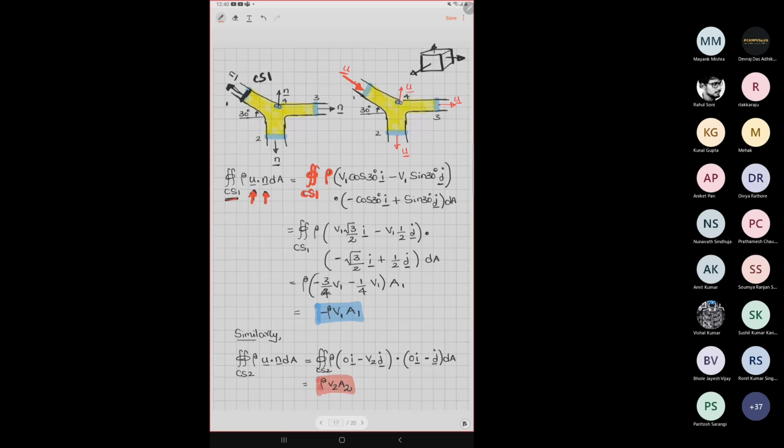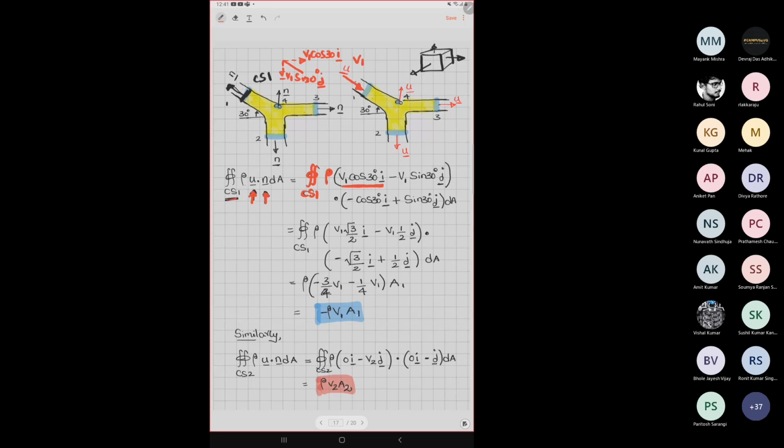Rho is rho, liquid water. U is entering with a velocity V1 cos 30 in the I direction. So resolve the U components: V1 cos 30 I and V1 sin 30 J, but in the negative direction.